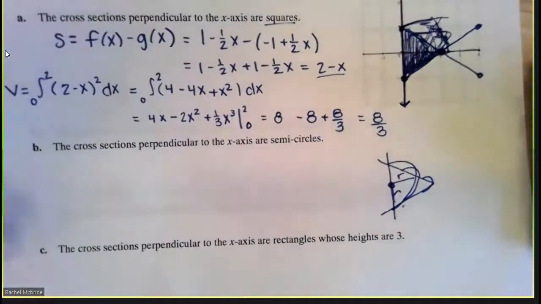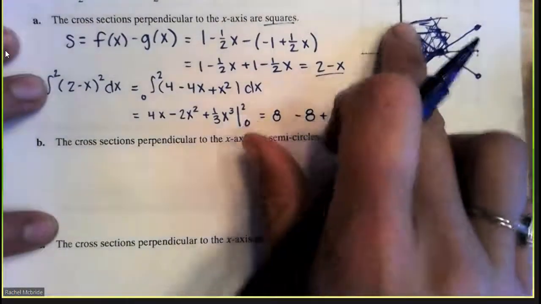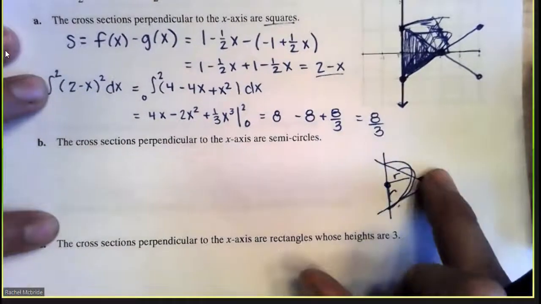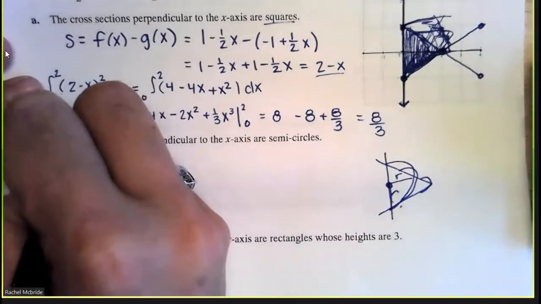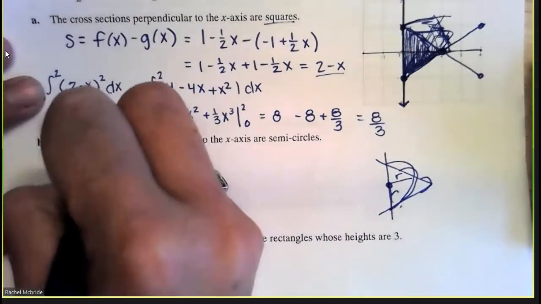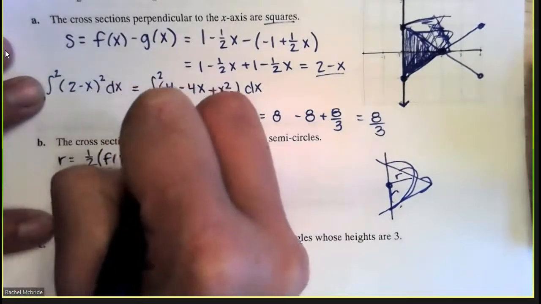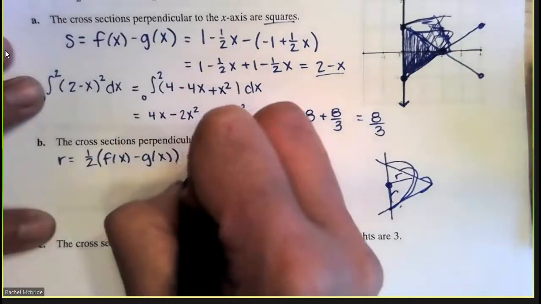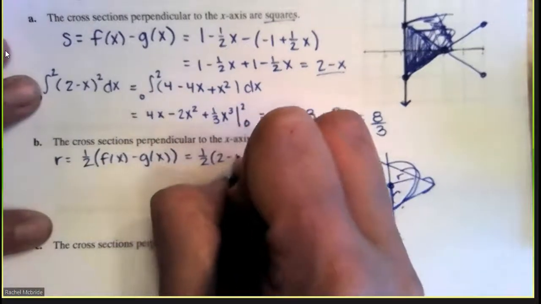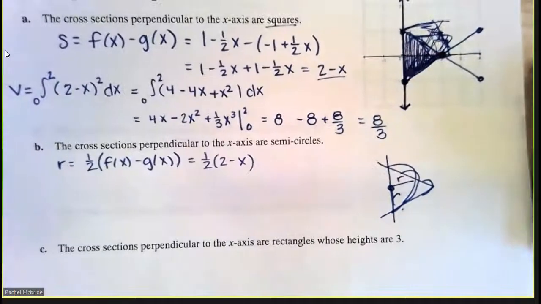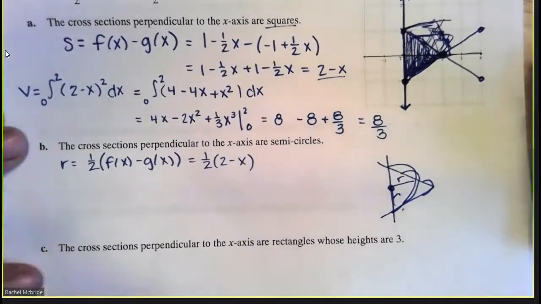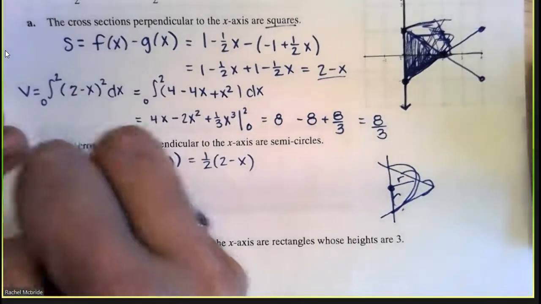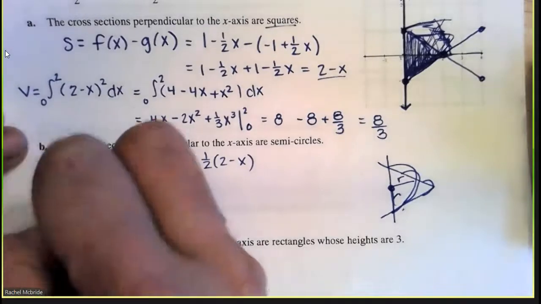So we already said that that side length was the difference f minus g. So the radius is going to be half of f of x minus g of x. So it's going to be half of 2 minus x. So the volume is going to equal the integral from 0 to 2.